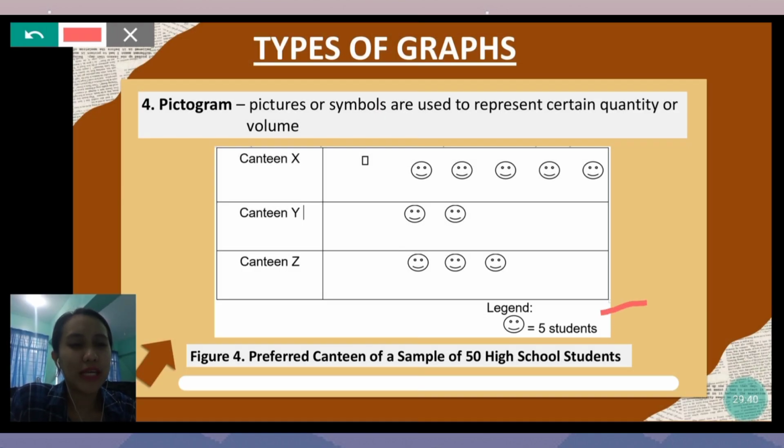For canteen X, there are 1, 2, 3, 4, 5 smiley faces, meaning 25 students prefer canteen X. For canteen Y, there are 2 smiley faces, which means 10 students prefer canteen Y. And for canteen Z, since there are 3 smiley faces, that means 15 students prefer canteen Z.